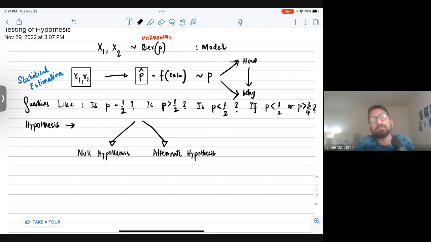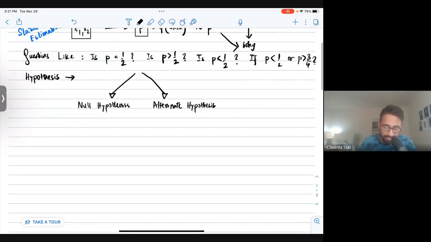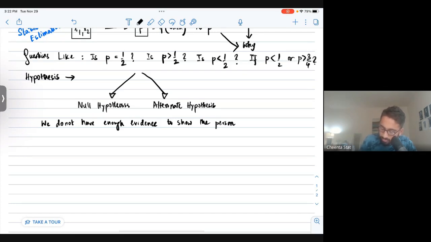But there's a much deeper understanding to this. It's like if you have gone into a judgment trial in a court, you will see that it is said like this: we do not have enough evidence to show the person guilty.